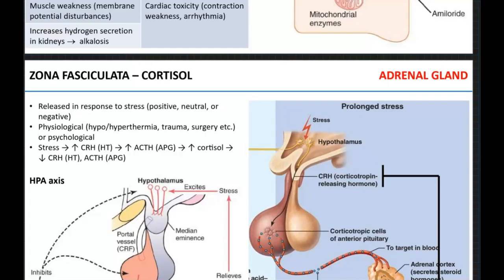So, indirectly, cortisol is the hormone responsible for the stress responses. Now, stress can be positive, can be negative, but the most important point that I want to make about cortisol is that it is produced in response to chronic stress rather than acute stress.